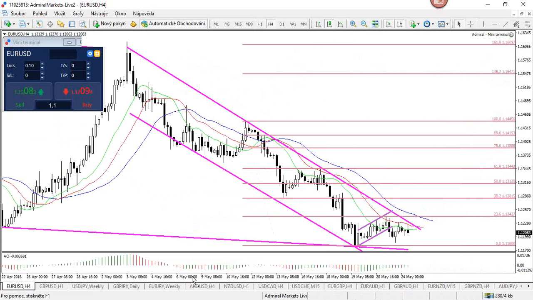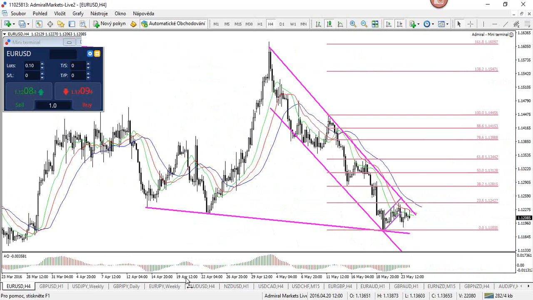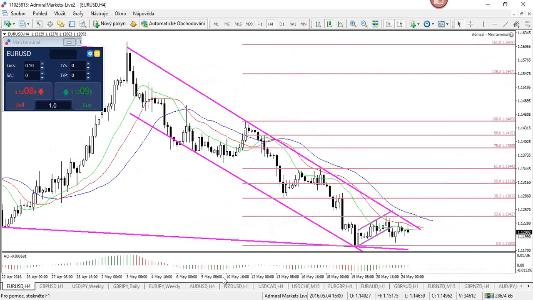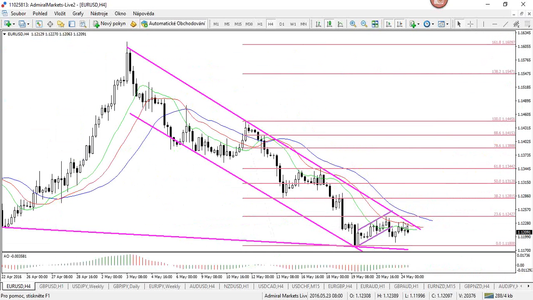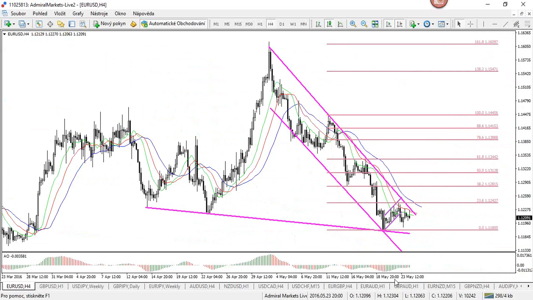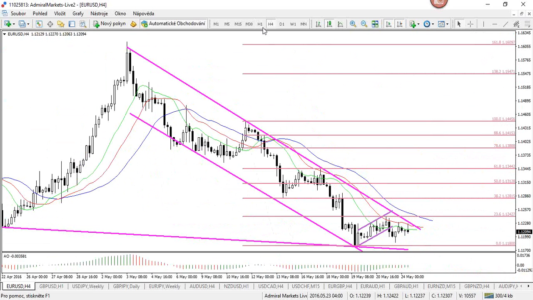All right, with that general introduction in mind, let's take a look at the Eurodollar. We got the 4-hour chart here. We got a good downtrend channel on this 4-hour chart, and price is respecting this resistance top a few times, and has approached it recently again. So that could be a continuation, a moment for price to continue to the downside. It actually broke yesterday already a bit, as you can see on the hourly chart.